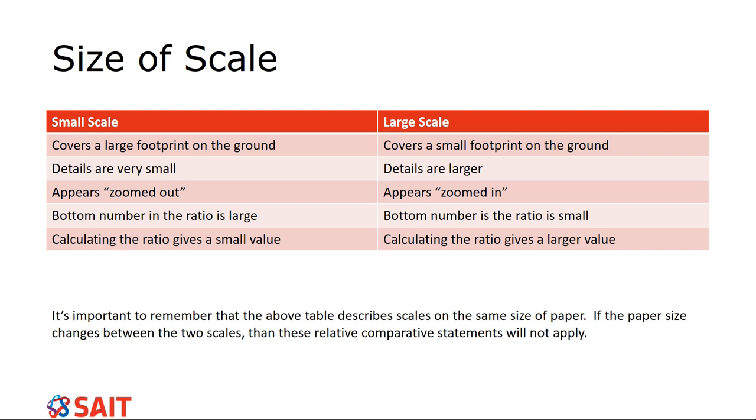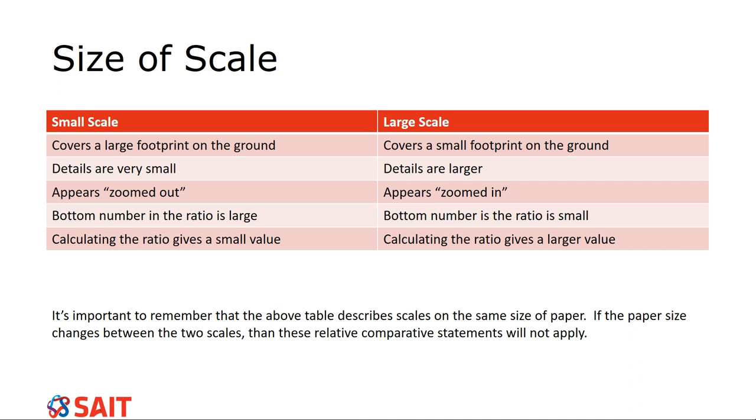So what I mean with this statement: it says it's important to remember that the above table describes scales on the same size of paper. So when I use one size of paper, I can say these are the different types of scales. If the paper size changes between the two scales, then these relative comparative statements will not apply.